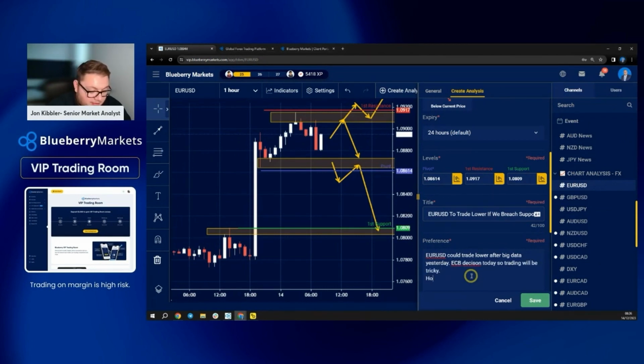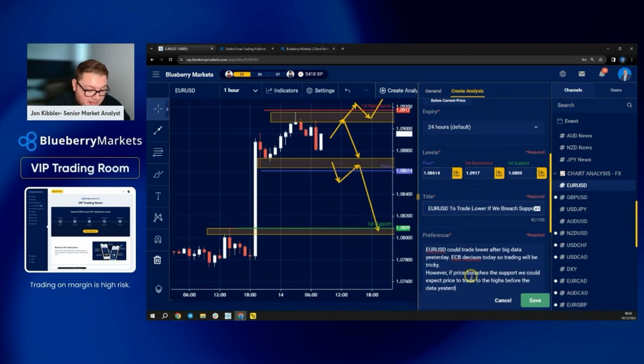And then I can just put, however, if price breaches the support, we could expect price to trade to the highs before the data yesterday. Okay, now that sounds very vague, right?